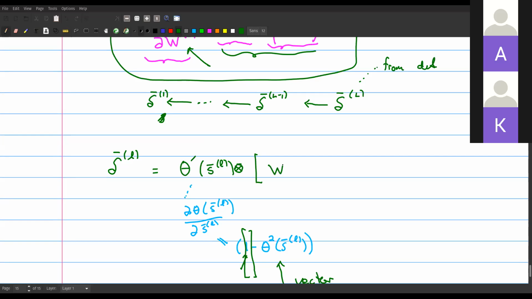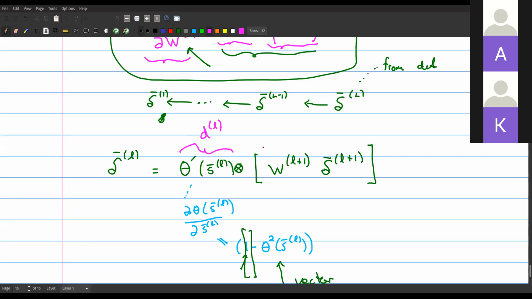And what we have here is W L plus 1 times delta L plus 1. Here we have a little bit of a dimensionality problem, because the dimension here is going to be d L. So this is a vector with d L rows and one column.